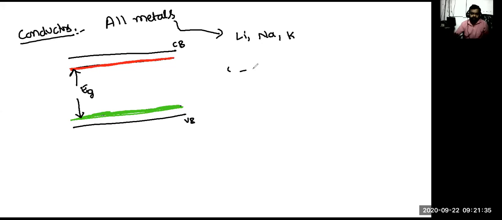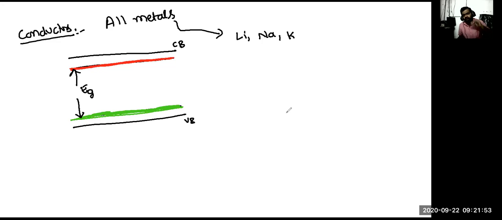For these substances, what will happen? We know that for conductors, if we give a small amount of potential, electrons will flow inside the conductor.